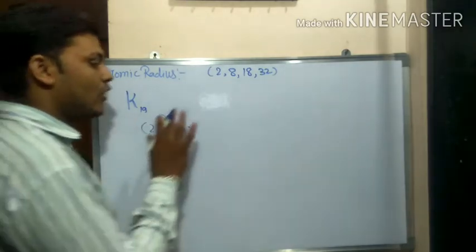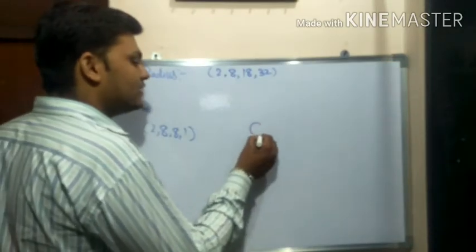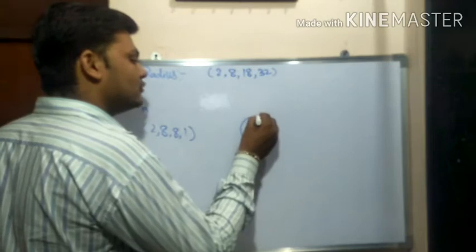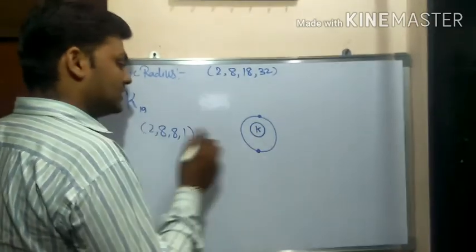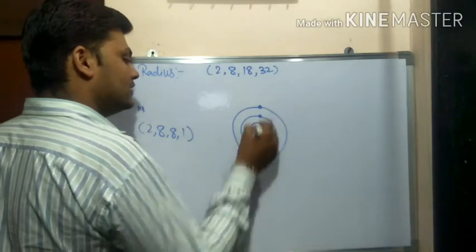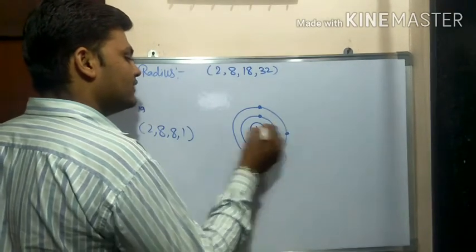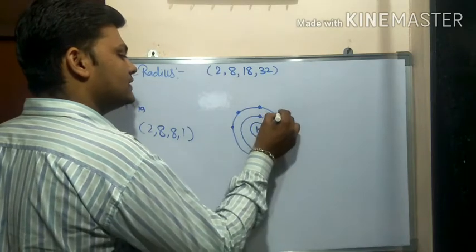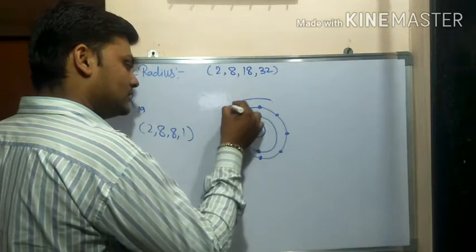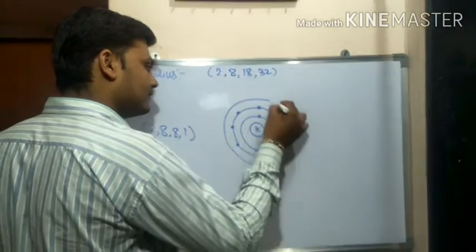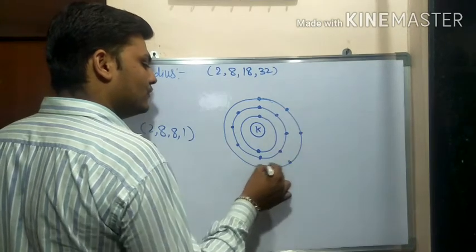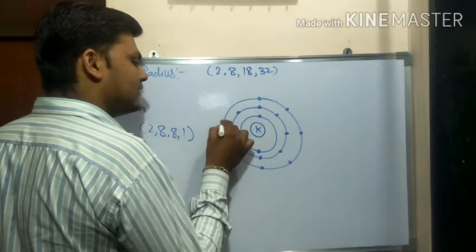So in the orbits of potassium, here comes the nucleus which is K. In the first orbit we have placed 2 electrons as given. In the second orbit we have placed 8: 1, 2, 3, 4, 5, 6, 7, 8. The third orbit also has 8 electrons: 1, 2, 3, 4, 5, 6, 7, 8.